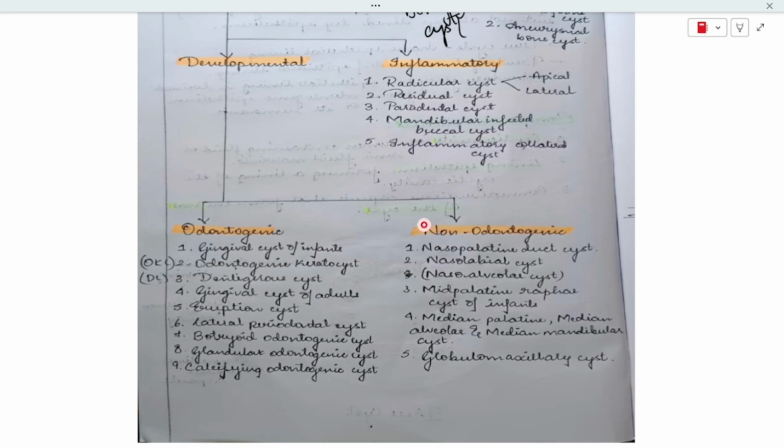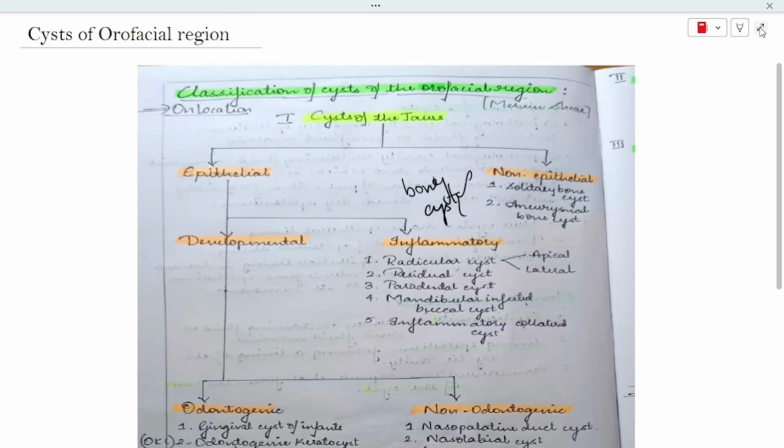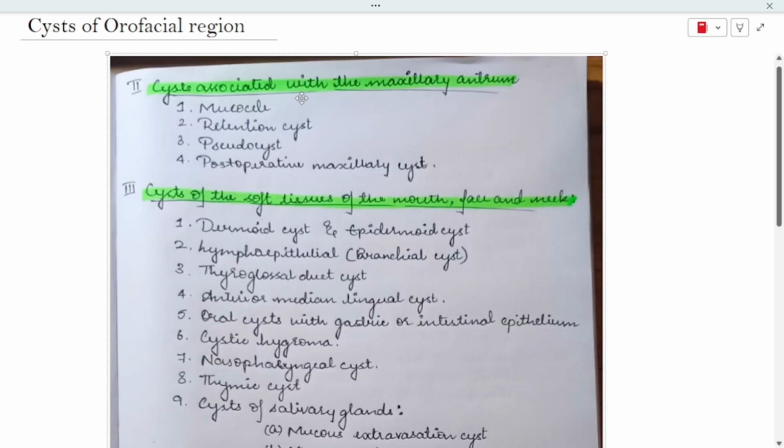Next one is the non-odontogenic cysts. Again, you can see some of the list: nasopalatine, nasolabial, mid-palatine raphe cyst of infants, and globulomaxillary, again an important cyst you should know. We'll move on to another list of cysts associated with the maxillary antrum, the maxillary sinus.